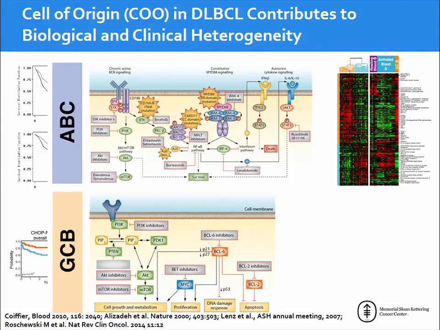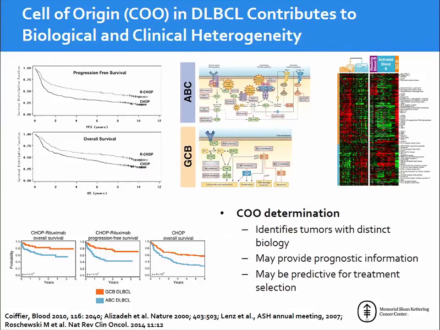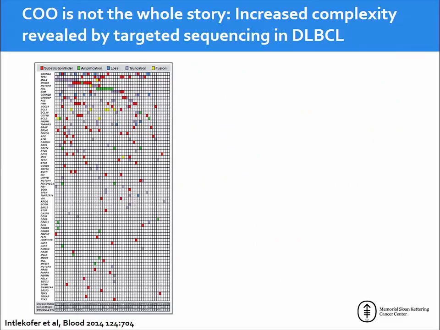The germinal center B-cell lymphomas tend to have more tonic regulation, and the PI3 kinase mTOR pathway is more critical. There's more genomic instability in this subset. So there are really differences in molecular features and hence potential molecular targets for the treatment of these diseases. So cell of origin determination identifies tumors with distinct biology, may provide prognostic information, and may be predictive for treatment.